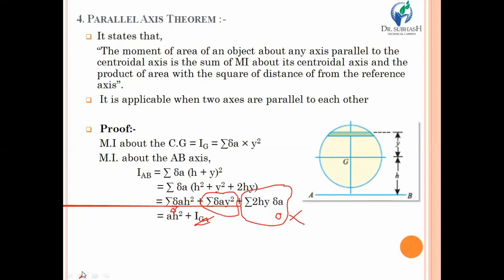So ultimately, your equation will become IAB equal to A h square plus IG. So this is the parallel axis theorem and its derivation.